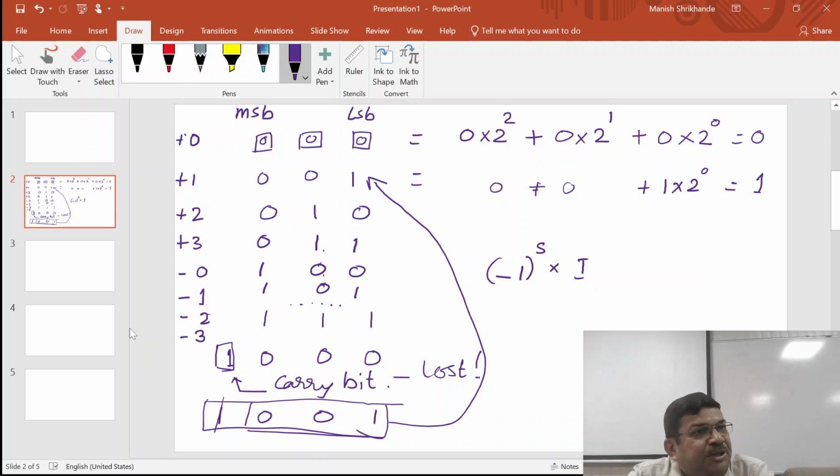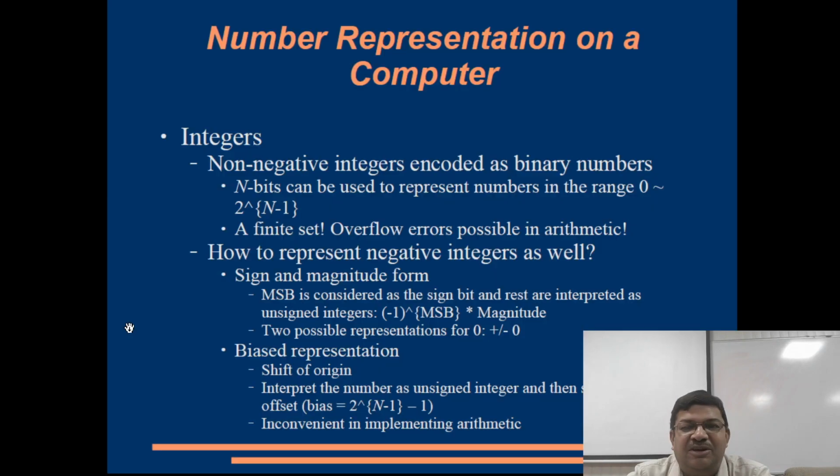So these are the possibilities that you have with a 3-bit system. The most significant bit is the sign bit, and you represent numbers using sign and magnitude form. Works very well, very close to our understanding of integer numbers, with only one irritant, that you have two representations for 0. You can have either plus 0 or minus 0. That's the only minor irritant, otherwise all is well.